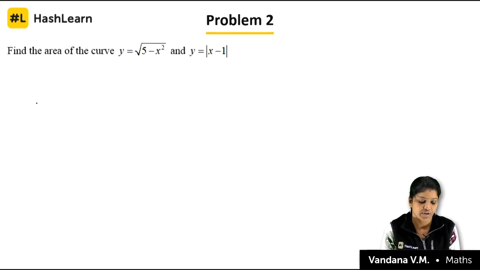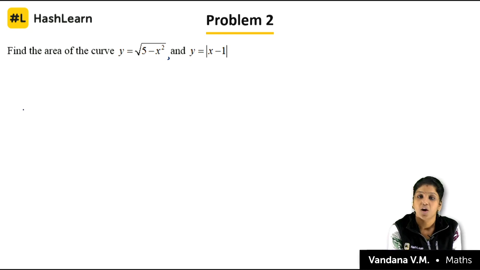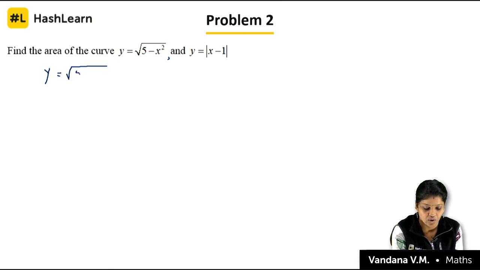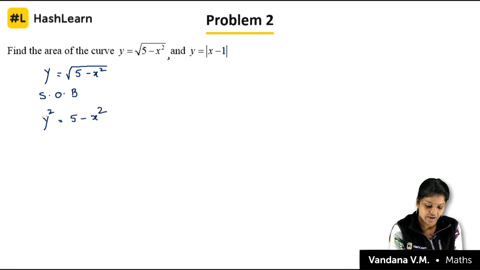Next, find the area of the curve y is equal to root of 5 minus x square and y is equal to mod x minus 1. Now see, the first one is y is equal to root of 5 minus x square. Squaring on both sides, y square is equal to 5 minus x square. Bringing it to this side, x square plus y square is equal to 5.